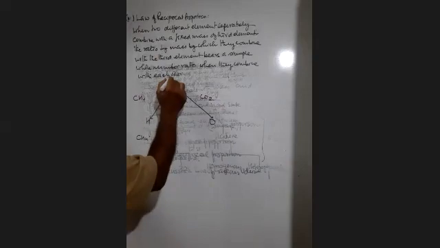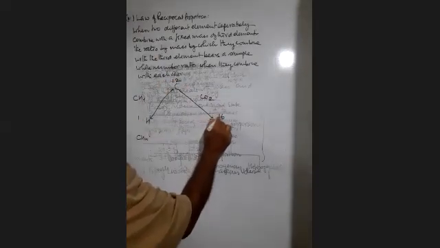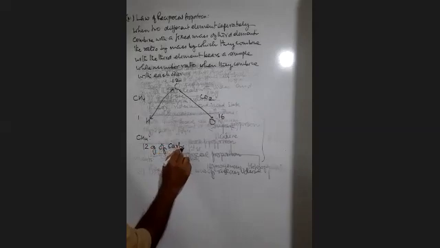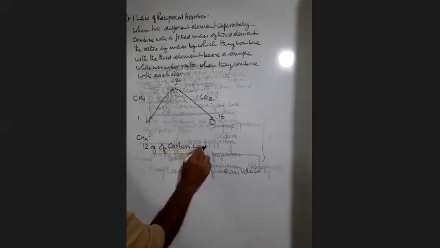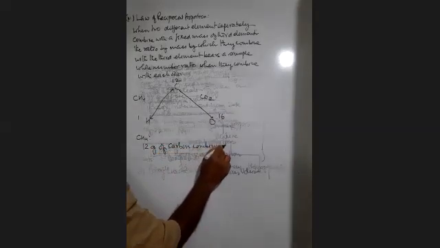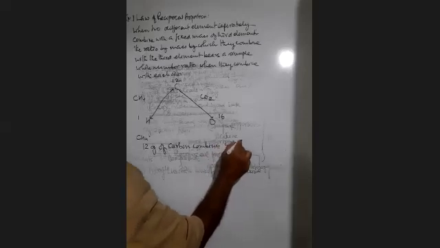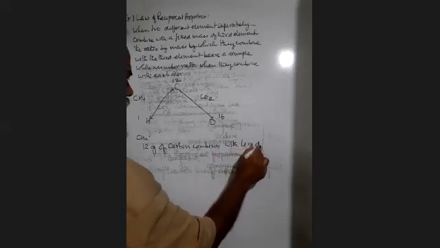See here, CH4. The atomic mass of carbon is 12, hydrogen is 1, and oxygen is 16. So what I can write here, 12 gram of carbon combines with 4 gram of hydrogen. 4 are there.